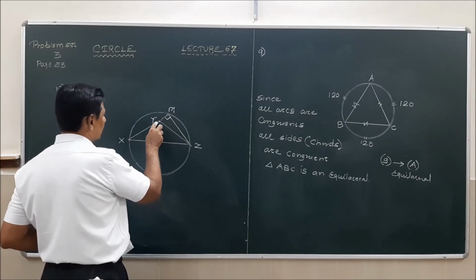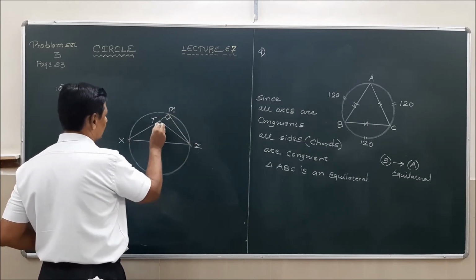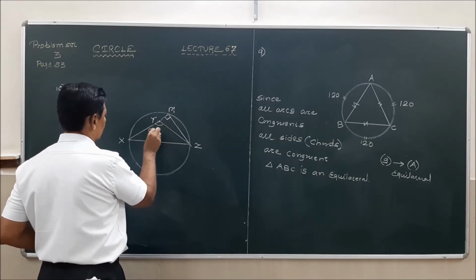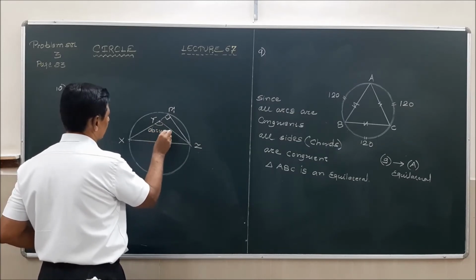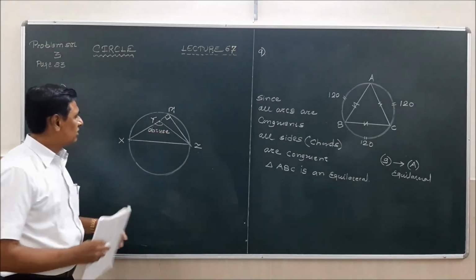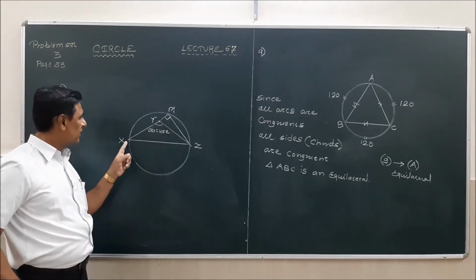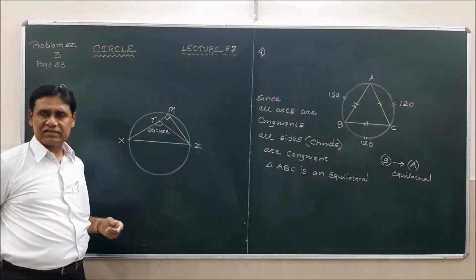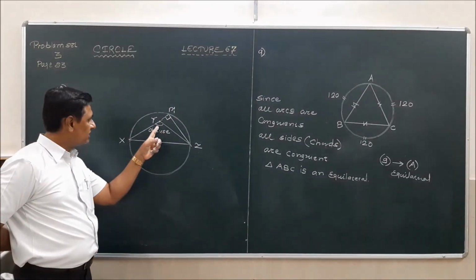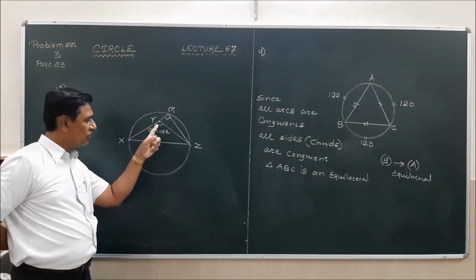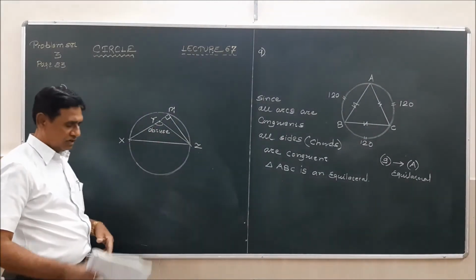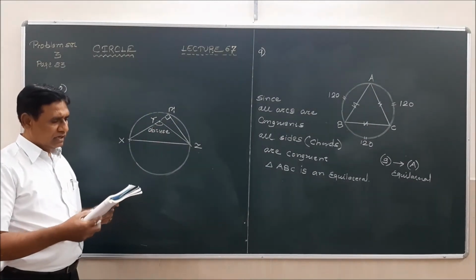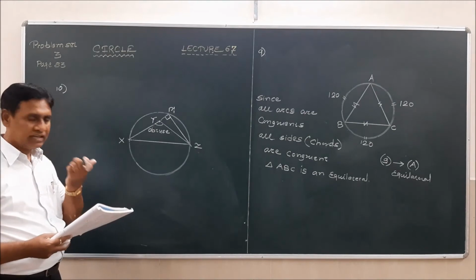And this is the exterior angle for Y and Z. So this is obtuse. Try to understand. This is the angle subtended by the diameter, so it is 90. The exterior angle is greater than the remote interior angle. So it is obtuse. So the first one is true, it is not possible that XYZ is acute.